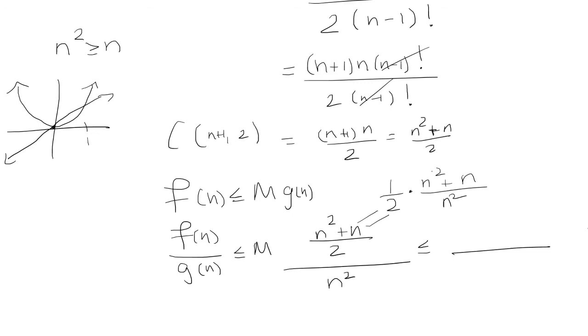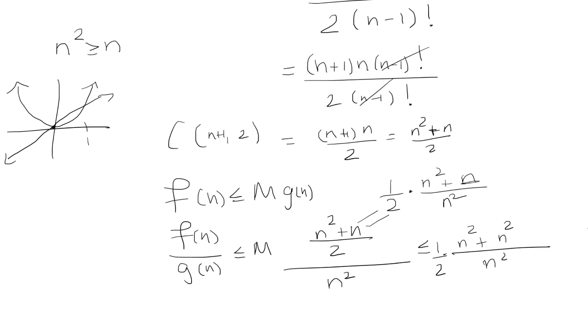So, for n big enough, yeah, n squared is bigger than or equal to n. So we can have n squared plus, and then we're going to replace n with n squared. And then we're going to divide that by n squared. And don't forget the 1/2 in front.